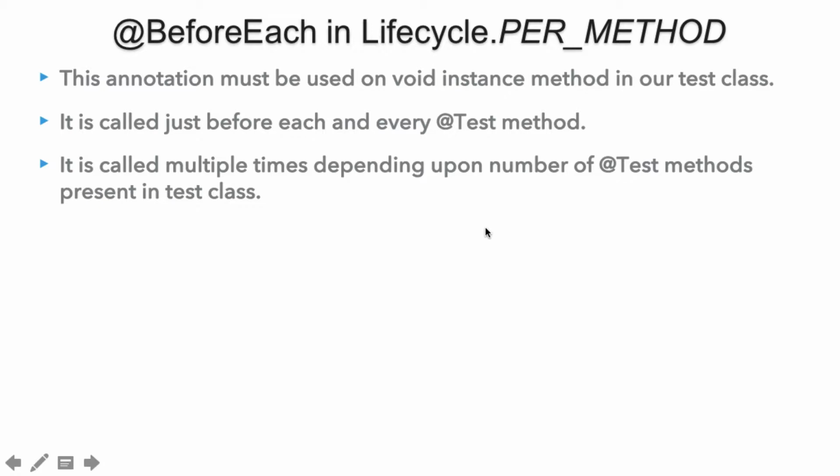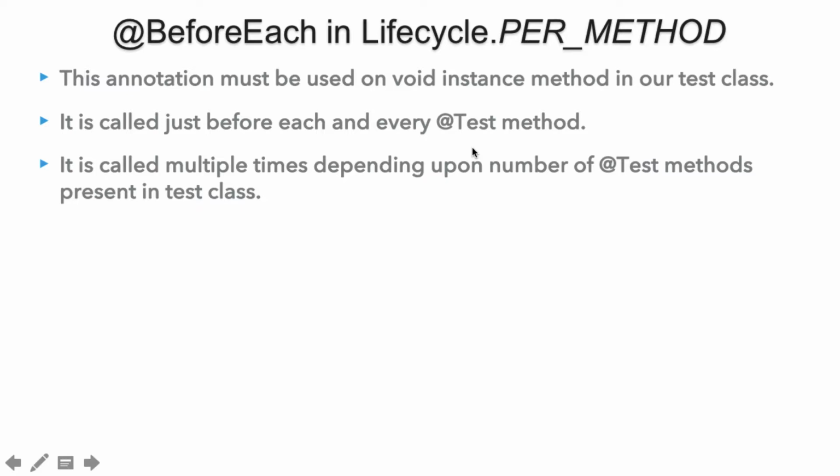And also friends, they are called multiple times depending upon the number of @Test methods present in the test class. So let's say our test class has 3 @Test methods. Then this @BeforeEach annotated method will be called 3 times because it gets executed just before each and every @Test method.